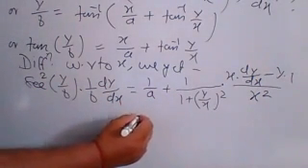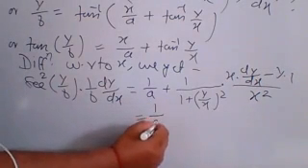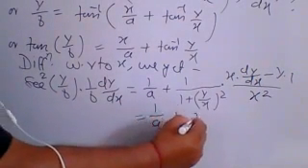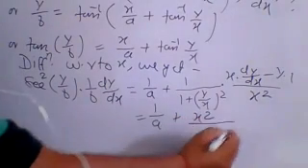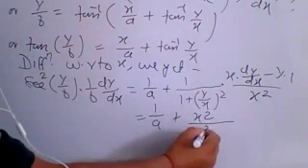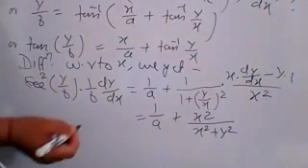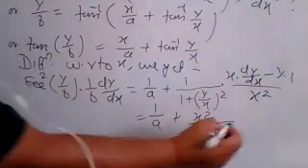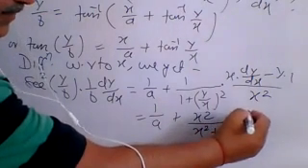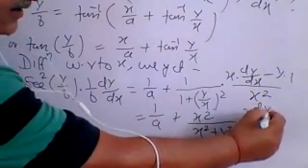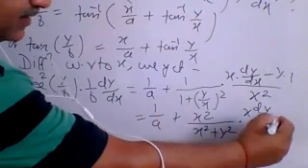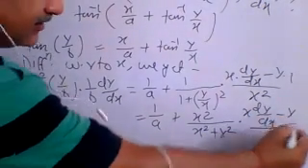So simplifying, you have 1 upon a plus x square upon x square plus y square into x dy by dx minus y upon x square.